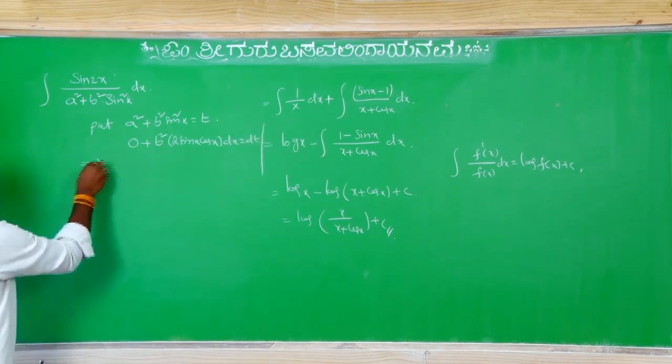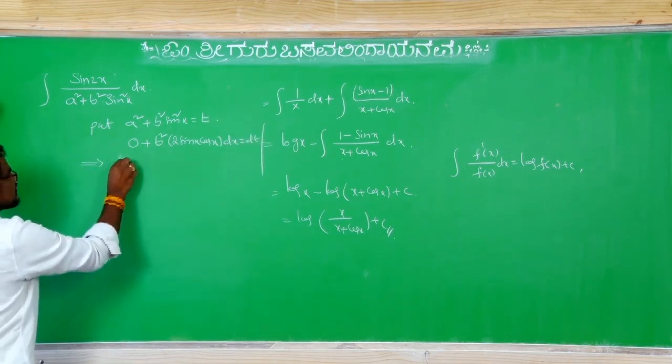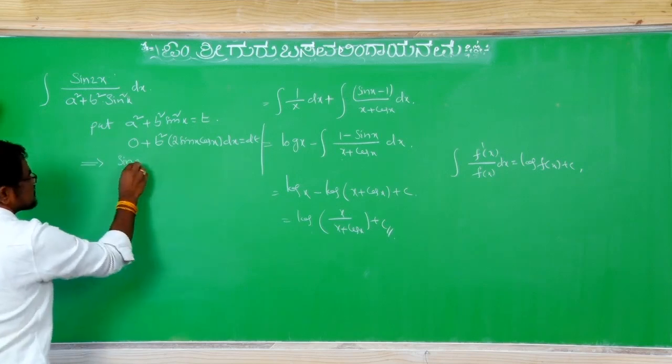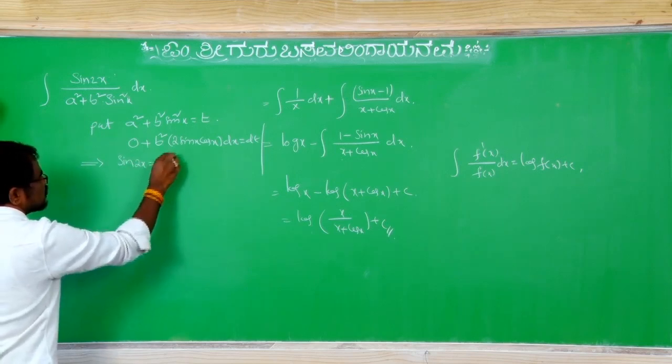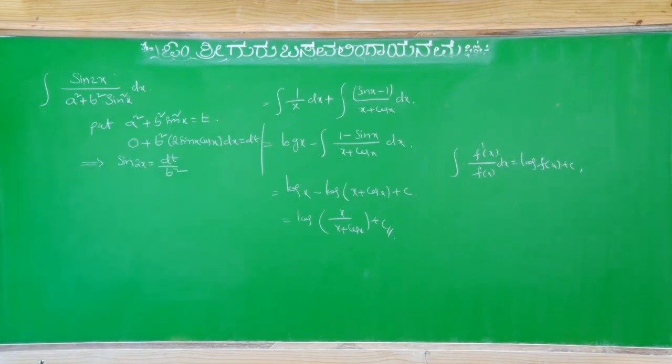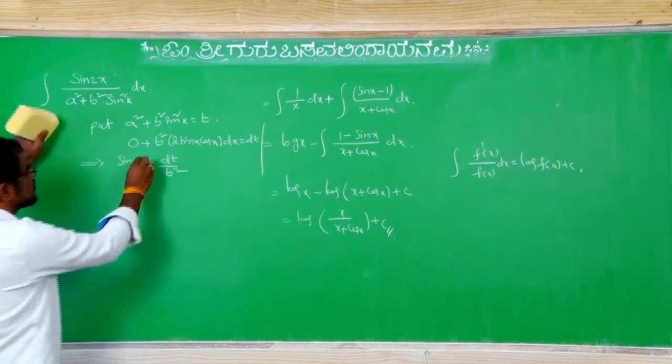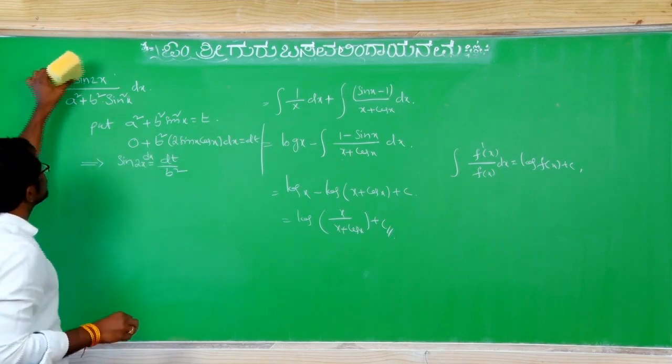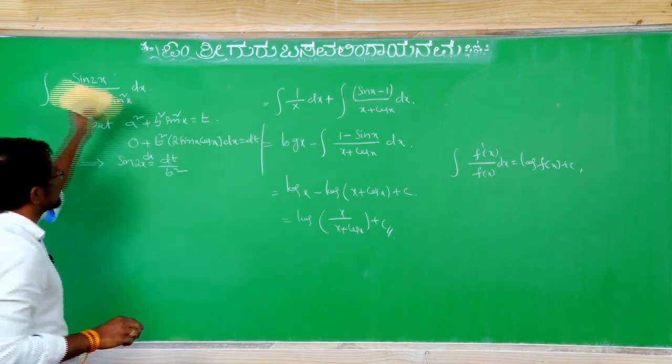That implies this 2 sin x cos x is sin 2x, so sin 2x into dx equal to dt by b square.